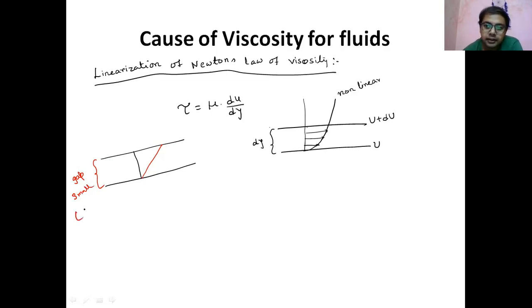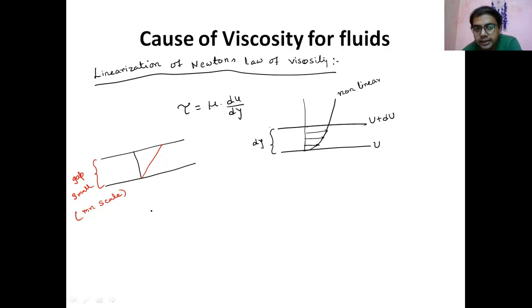It may be in the millimeter scale, or nearly 1 centimeter, maximum 10 centimeters, not more than this. In such a case, you can consider the velocity profile here as a linear profile.